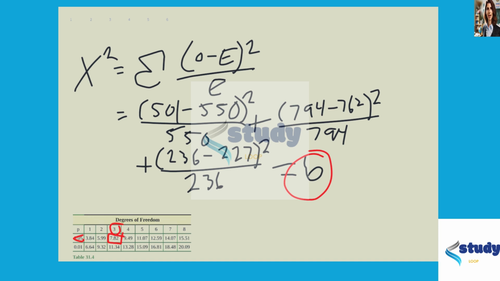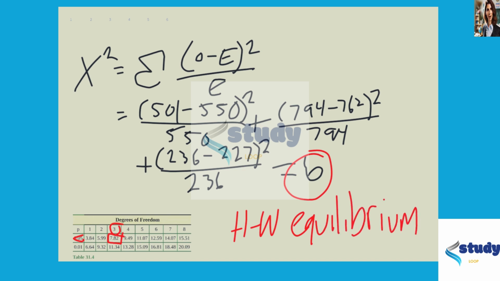So that would suggest to me then that this sort of supports the idea of the Hardy-Weinberg equilibrium. Right, so if something else was going on, then our number would be quite different from this one.